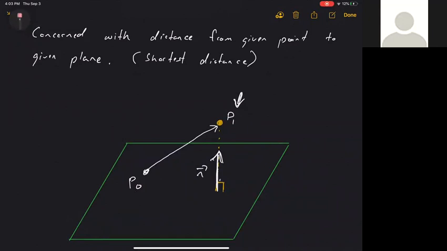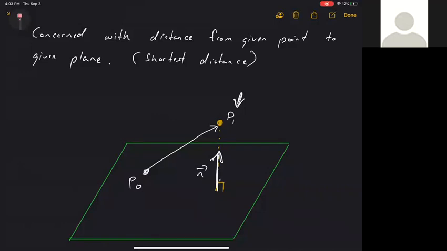Now this vector is very important, because if I take the projection of this vector onto n, I'm going to end up with the vector that goes from my plane to p1.